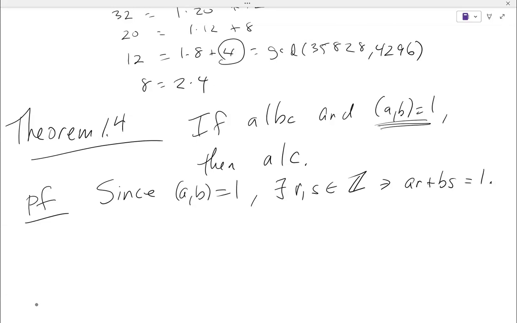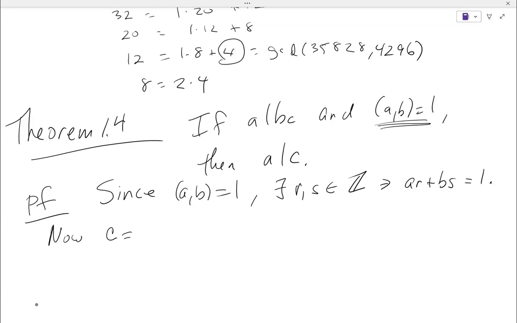So I want to show that A divides C. Okay. So I already know that A divides the product of the two, certainly. But let's do the following. Let's start with C. What can I multiply C by and not change anything? Not a trick question. By 1, right?